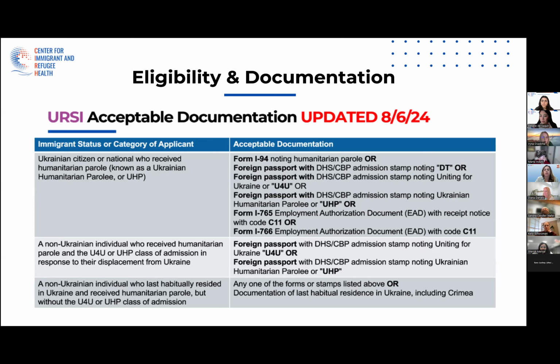The same goes for non-Ukrainian individuals. They can show proof with a passport that has a stamp with UHP or U4U or another status. For example, if they are not a Ukrainian citizen, they might not have U4U, but if they can prove they were residents of Ukraine before February 24, 2022, they can also be eligible for this program.